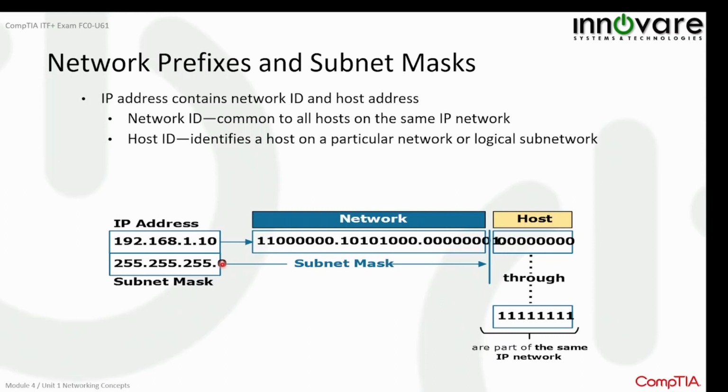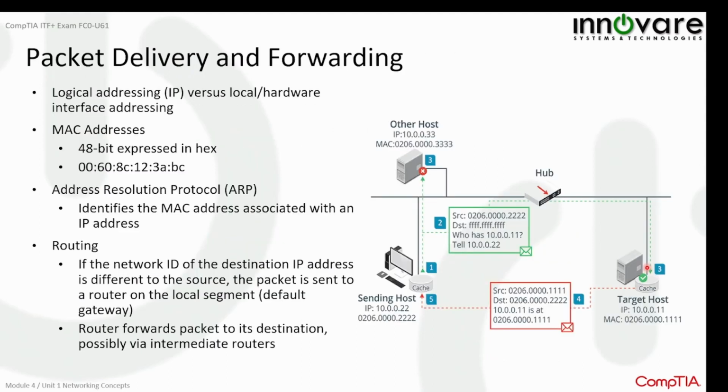Pag nagpadala si sending host, alam niya kung sino yung mga connected devices. So, the only one that will respond, pag ang packet coming out from here has a destination IP address with this one, that 10.0.11. Ito naman, maririnig niya yung information, he will just drop it. This guy will just drop that packet because it doesn't belong to him.